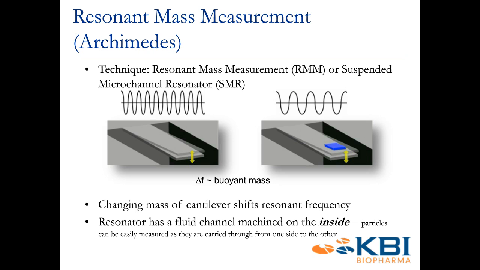If you're not familiar, this is a single particle detection method where we have a suspended microchannel resonator. It detects particles based on buoyancy. As the particles flow through this channel, the frequency with which it is resonating shifts based on that buoyant mass. It converts that to a mass of the particle, which you can then convert to an equivalent size based on a few parameters.